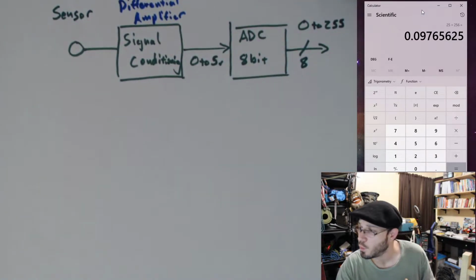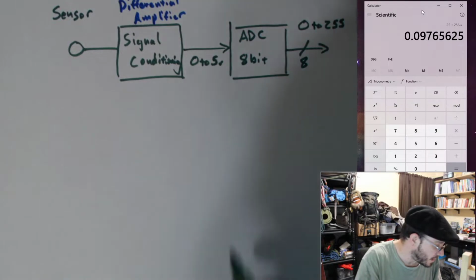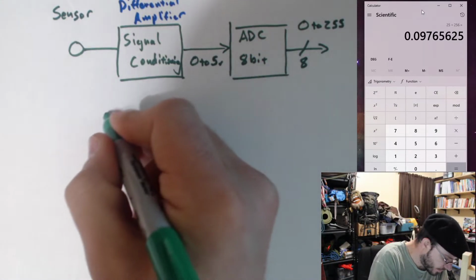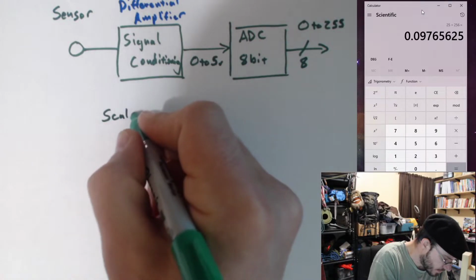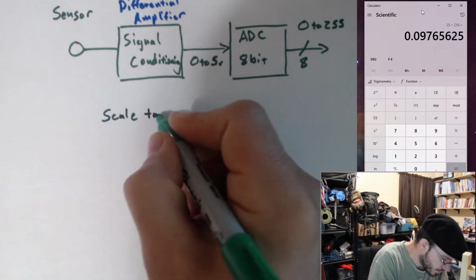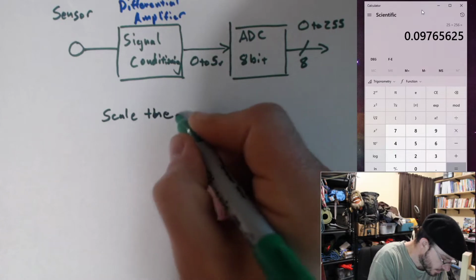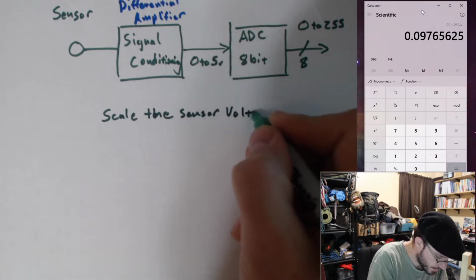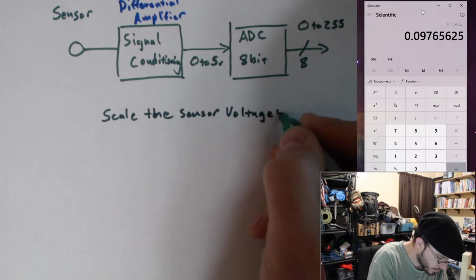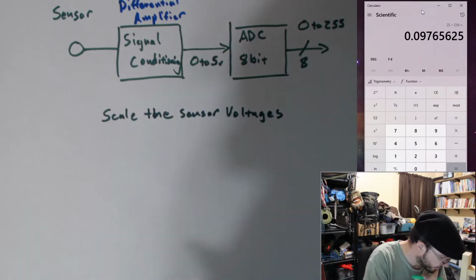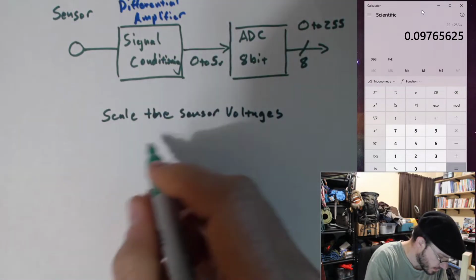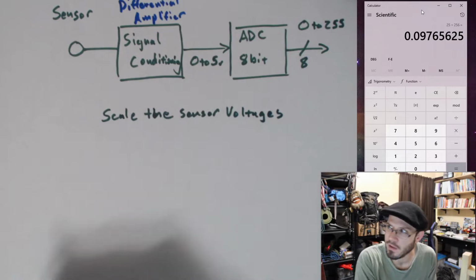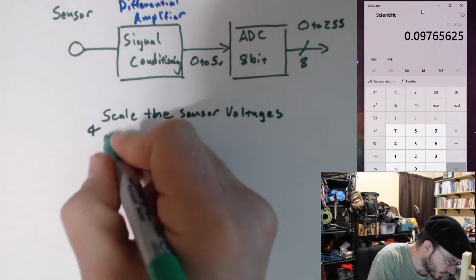Okay, so what should our desired range be? Well, we want to go ahead and scale the sensor voltages. And in fact, we not only want to scale, but we want to provide an offset. You'll see this in a second.